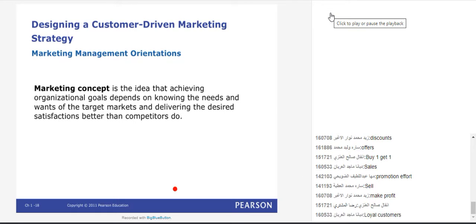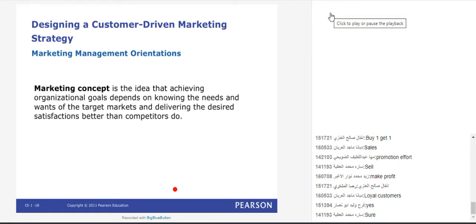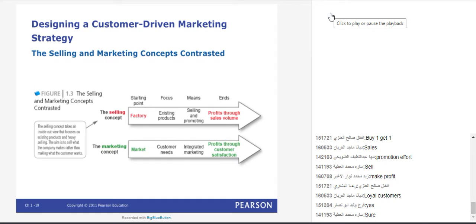What do you think? Exactly. Happy customers are loyal customers, Diana. This is true. So that's when the marketing concept was first introduced. It's not only about businesses and having profits. It's also about making customers happy. In this figure, you can see what I mean. Let's see here.